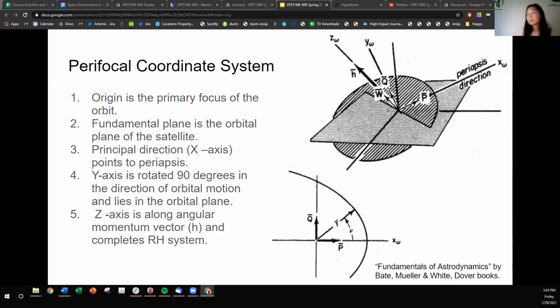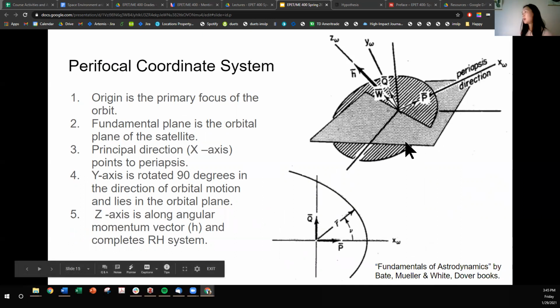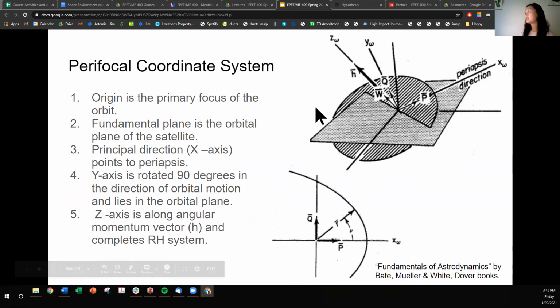And then finally, there's something called the parafocal coordinate system, which is very convenient when determining the orbital trajectory. So you can see here that there's an elliptical area that is defined where the boundary is that orbital trajectory. The angular momentum of this disk is coming out of the plane.